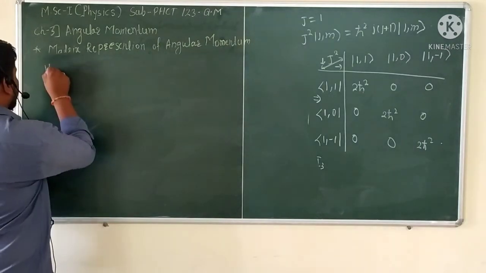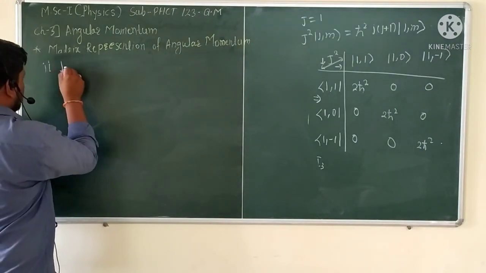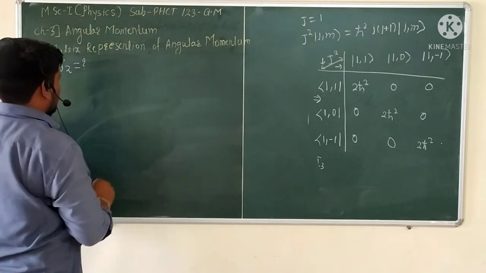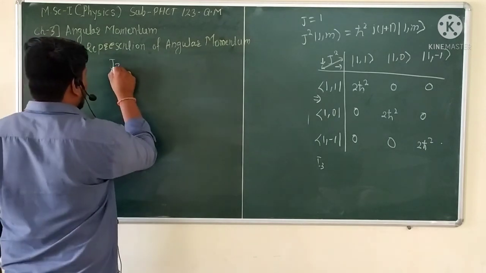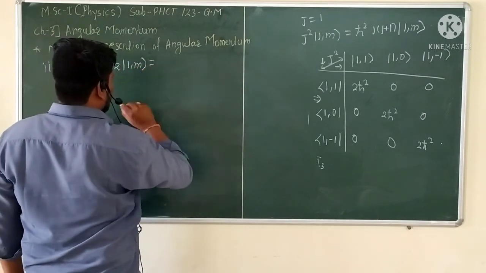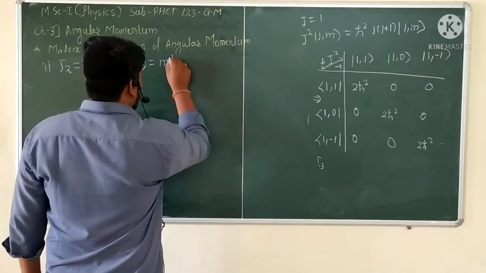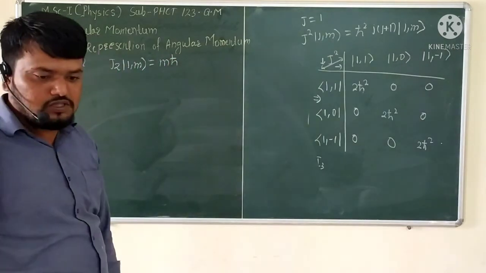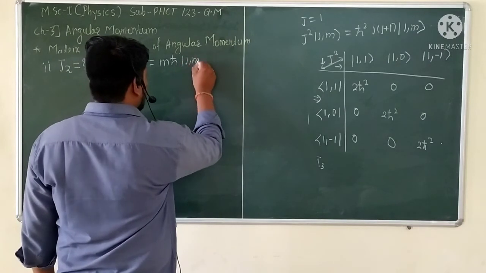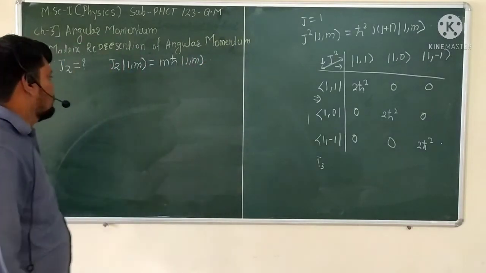Okay, so that is Jz. How is the matrix representation shown? You know that Jz of |j,m> is nothing but mħ of |j,m>.